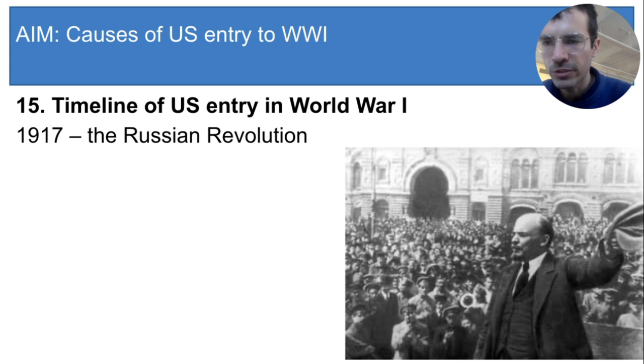The Russian Revolution scared a lot of people in the US who opposed communism. And although we're not going to learn more about the Russian Revolution in this unit, it's going to be important later on. So don't forget that year, 1917, the year of the Russian Revolution, which turned Russia into a communist country, the Soviet Union.